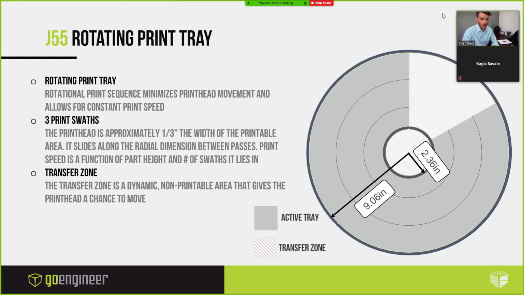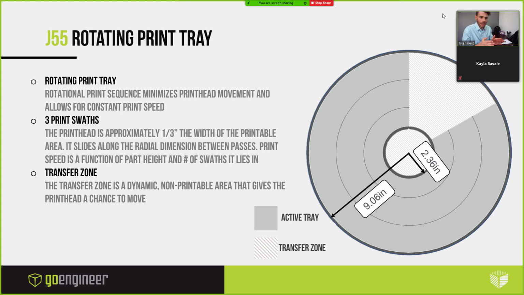So if you're talking about speed of your print, it's a function of the height of your model, how many layers. By the way, our layers on this are 7/10,000ths of an inch tall, 0.0007 inches. So it's a function of Z height.